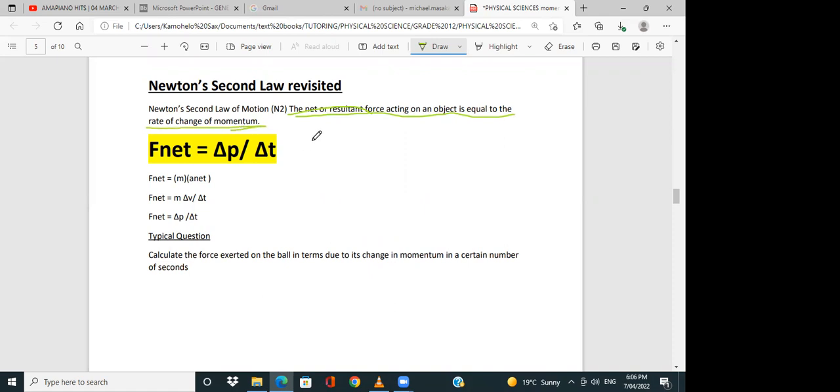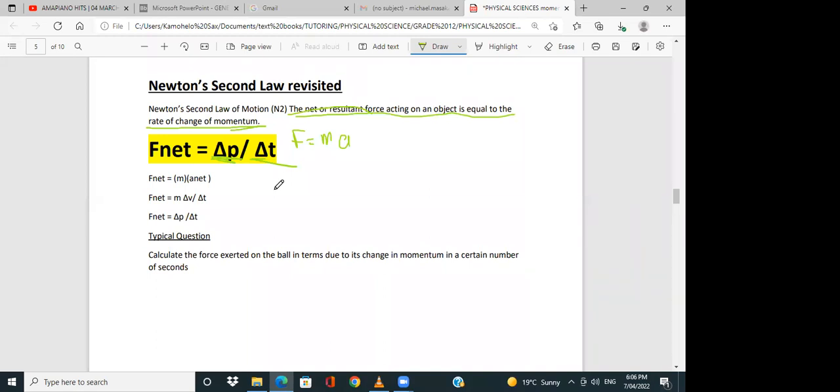You know that F net is equal to ma, but in terms of momentum, F net is change in momentum divided by delta T.